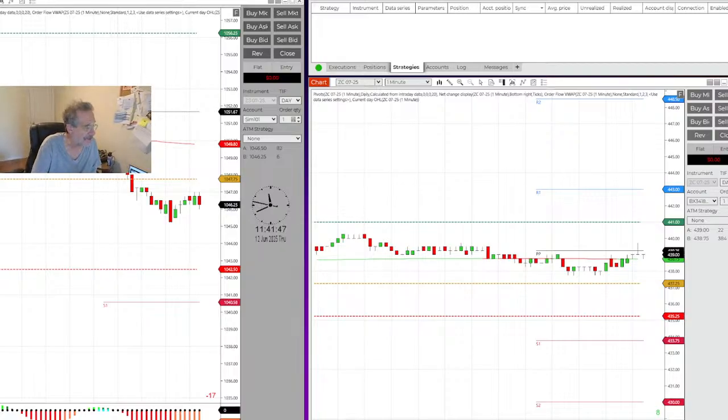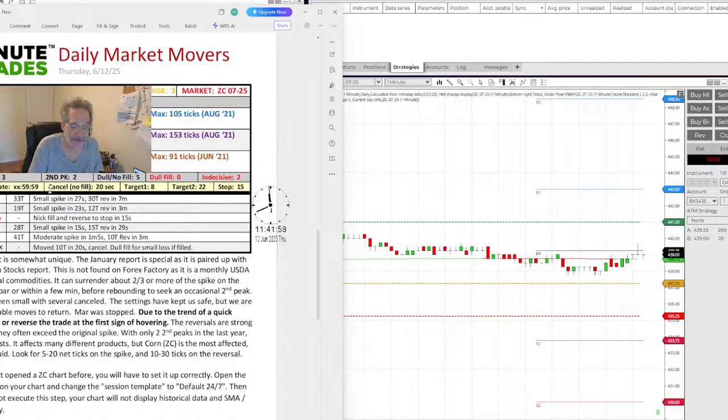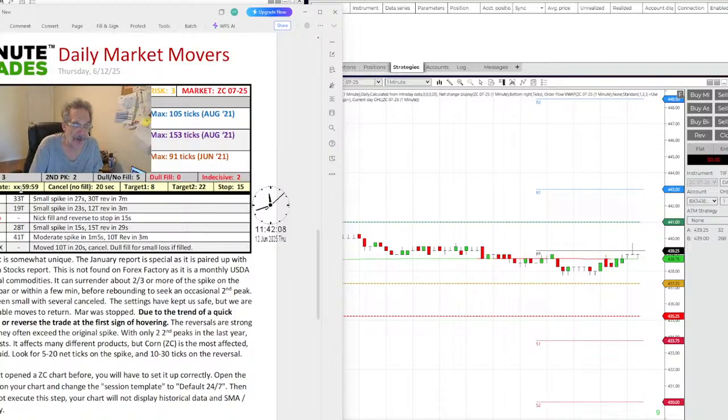It means our setup is safe initially. But it also means that there might be some better opportunities trading the breakout on corn.